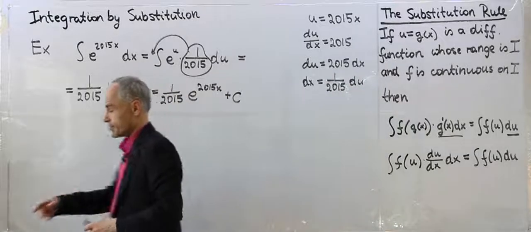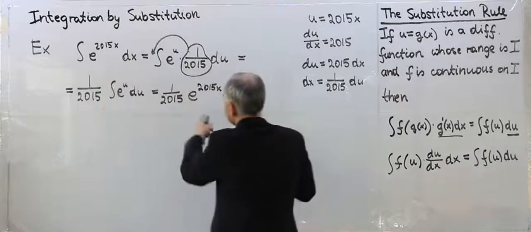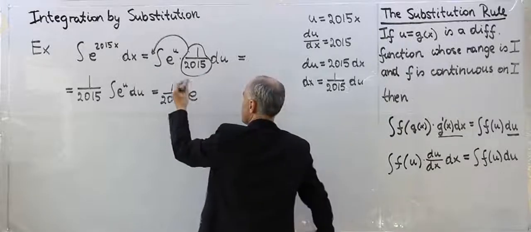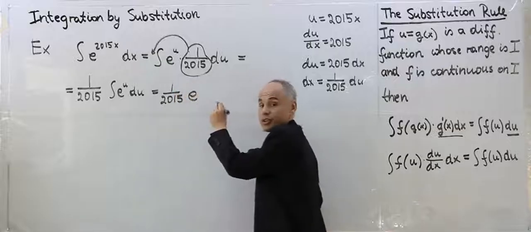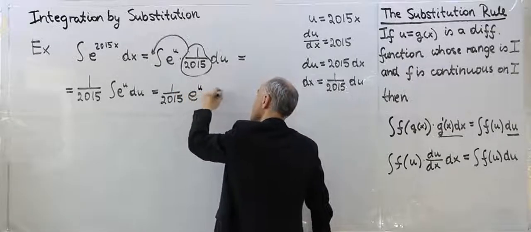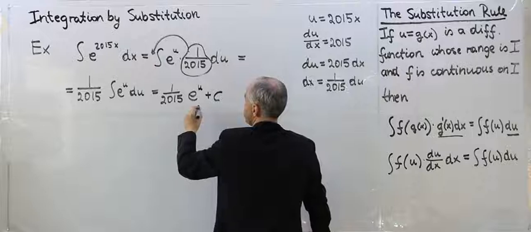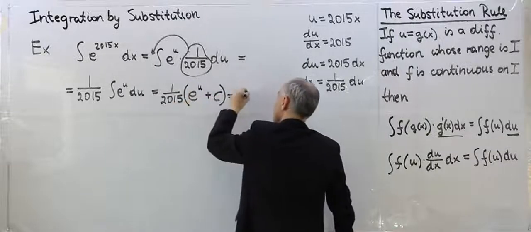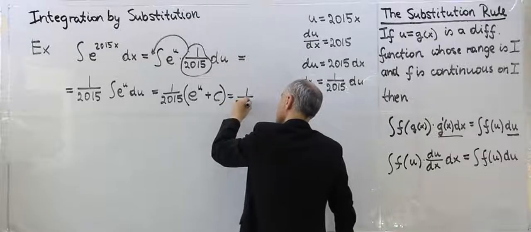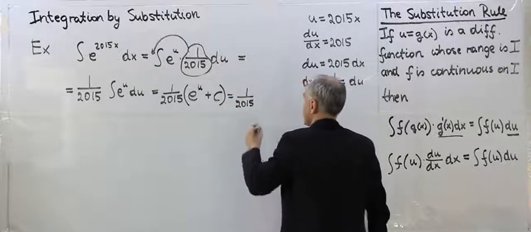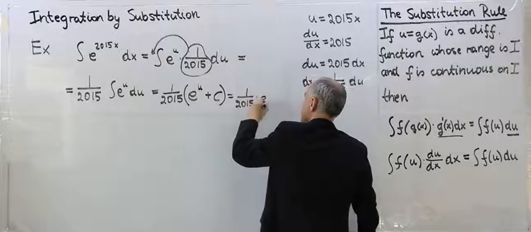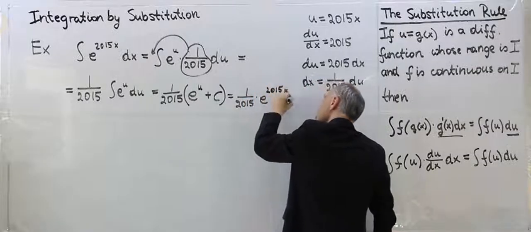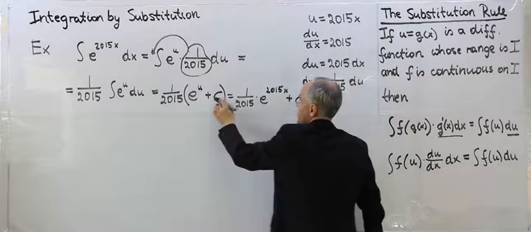Maybe let me write down the intermediate step before I write the final answer. The intermediate step was that the integral of e to the u du is equal to e to the u plus c. So this is equal to 1 over 2015 times e to the 2015x plus c, but this c is not the same as this one.